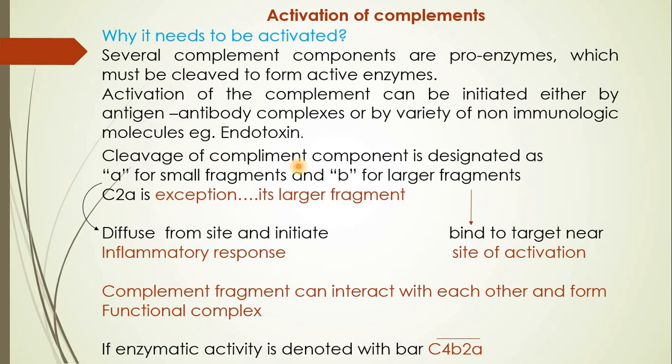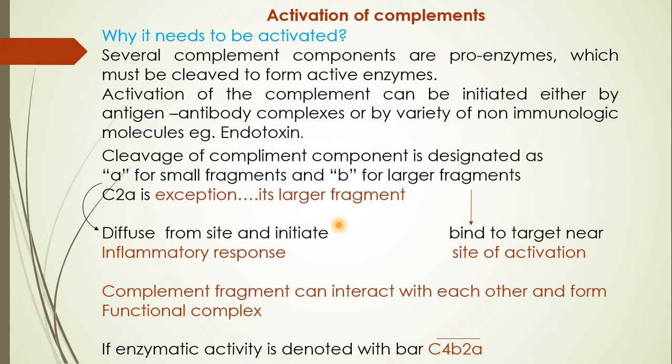Now cleavage of a complement component gives two fragments. One is called the A fragment, another is called the B fragment. They are always written with small letters, that is small a and small b. A stands for the small fragment, B stands for the large fragment.